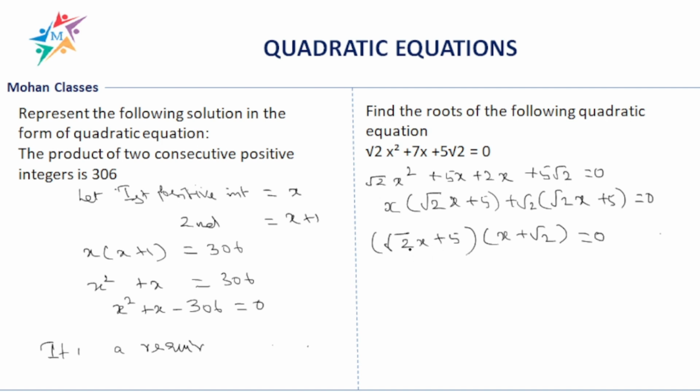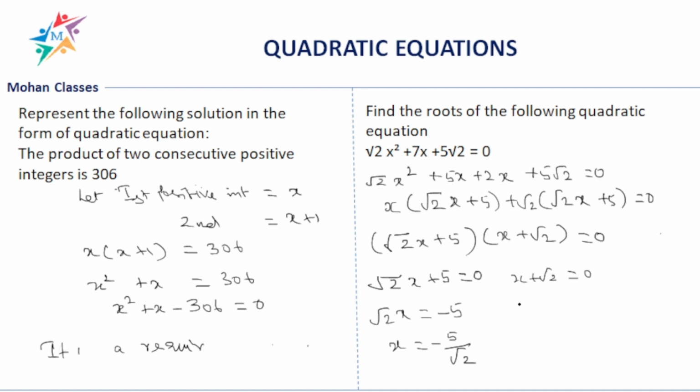So we have to equate √2x + 5 = 0 and x + √2 = 0 to find the roots of the given equation. √2x + 5 = 0 means √2x = -5, so x = -5/√2. And x + √2 = 0, therefore x = -√2.